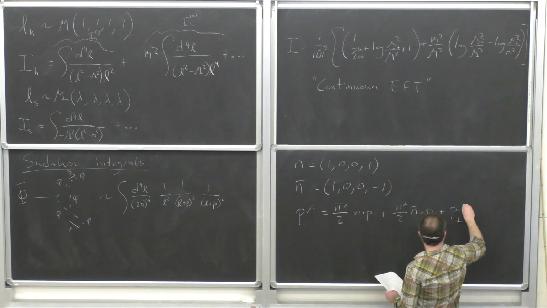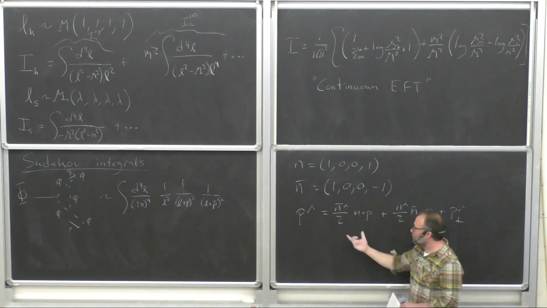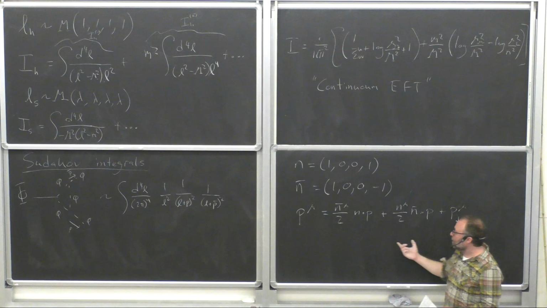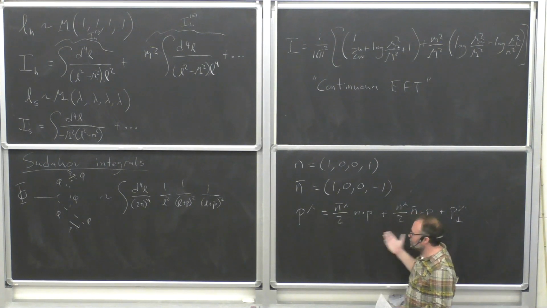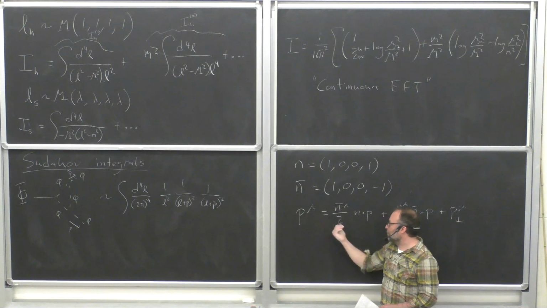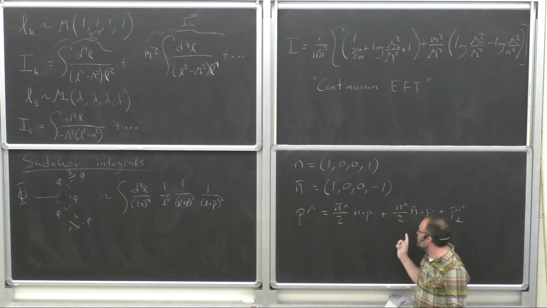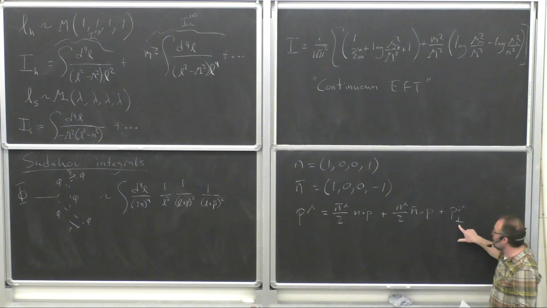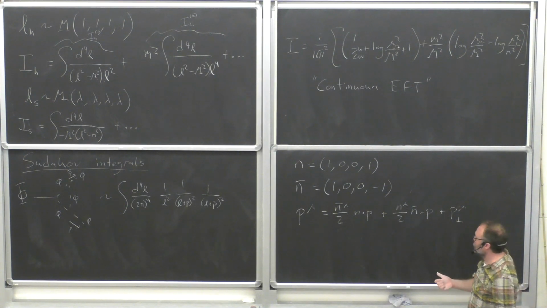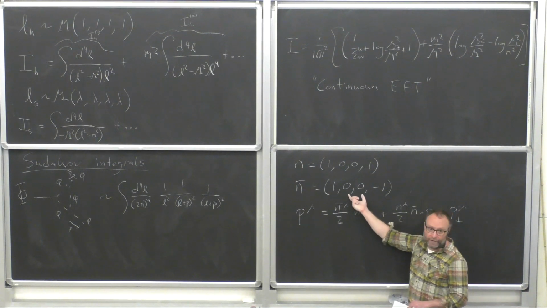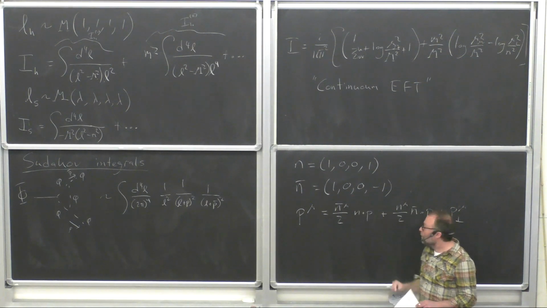Basically, it's just a choice of basis, okay? You can convince yourself it's straightforward to derive this, just dot in various components, and you can see that this is self-consistent. This perp means the components of momentum that are perpendicular to the n and n bar direction. So they point in these two directions, okay?